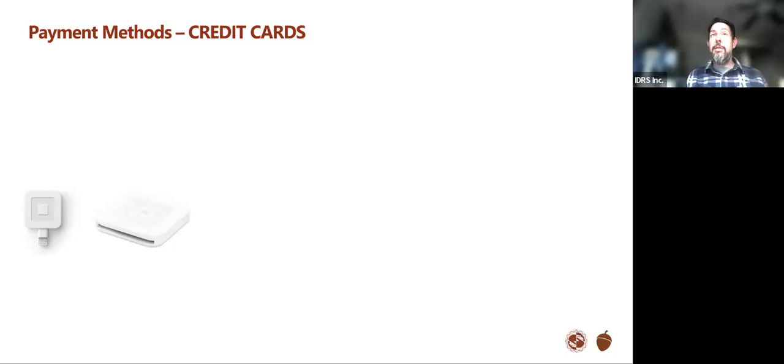So having both of these, and these are very, very inexpensive. For the swipe device that plugs into your telephone, a lot of times Square will give that to you for free, or if you need to replace it, I think it may be like $15. That tap to pay, which communicates via your phone via Bluetooth, is going to be $59. And there's a lot of readers from other companies as well that do a very similar thing, all at about that price, between $40 all the way up to $100.